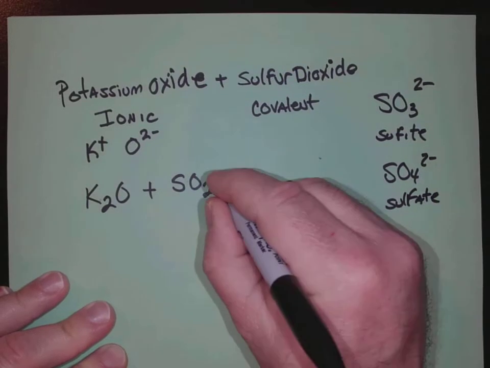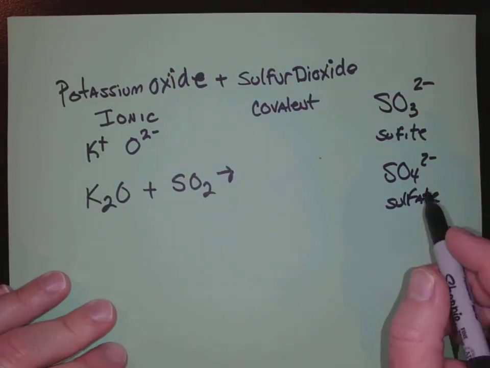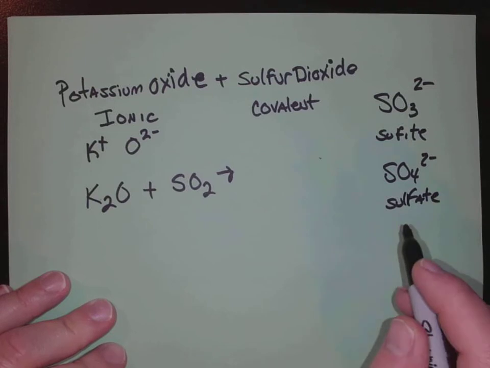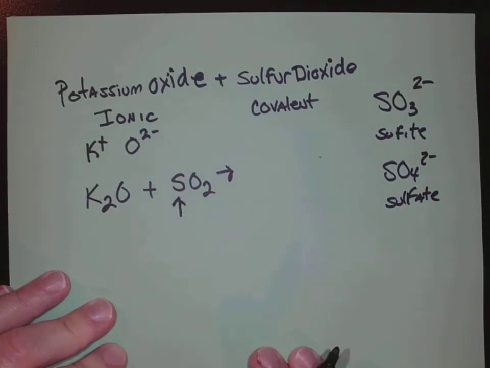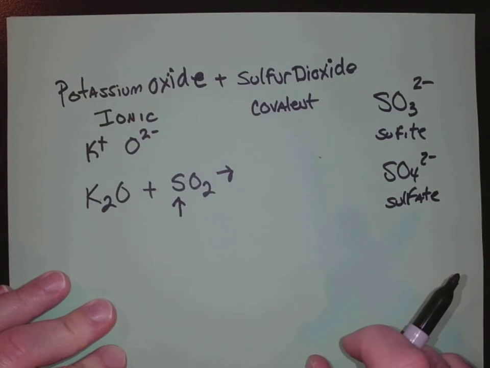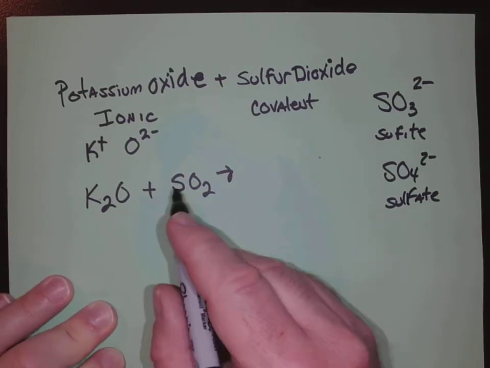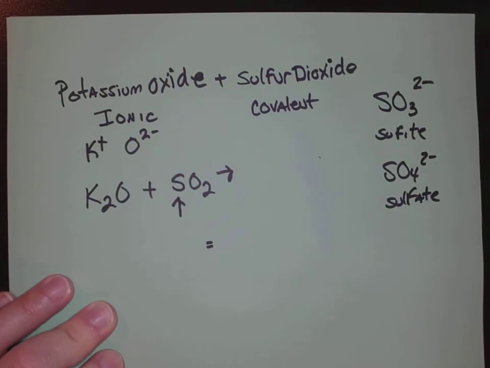Which polyatomic ion is it going to make? Is it going to make the ITE version or the ATE version? So we have to figure out the oxidation number of that sulfur right there and find out which one of these makes that same oxidation number. So let's do that. So pause the video and figure out the oxidation number of sulfur right here.